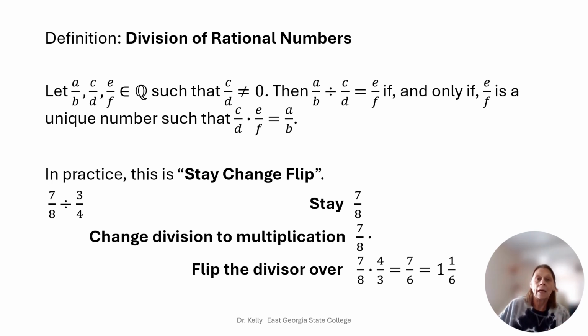So A over B divided by C over D is equal to E over F if and only if E over F is the unique number, the multiplicative inverse of C over D, kind of. I shouldn't have said multiplicative inverse, but I'm too far in to not fix it, okay?